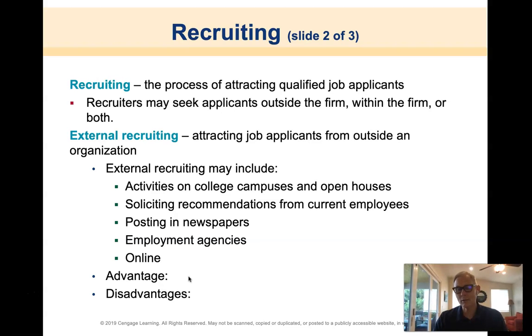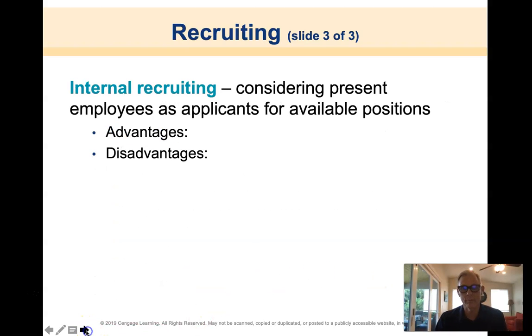The disadvantages are, how do I fit this person who's an outsider, and how are they going to fit culturally within my organization? And am I passing over somebody who's internally a good fit, but maybe not a great fit? Are we passing them over to bring somebody else in? What does that do? Does that create some sort of animosity within the workforce? So there are advantages and disadvantages to both.